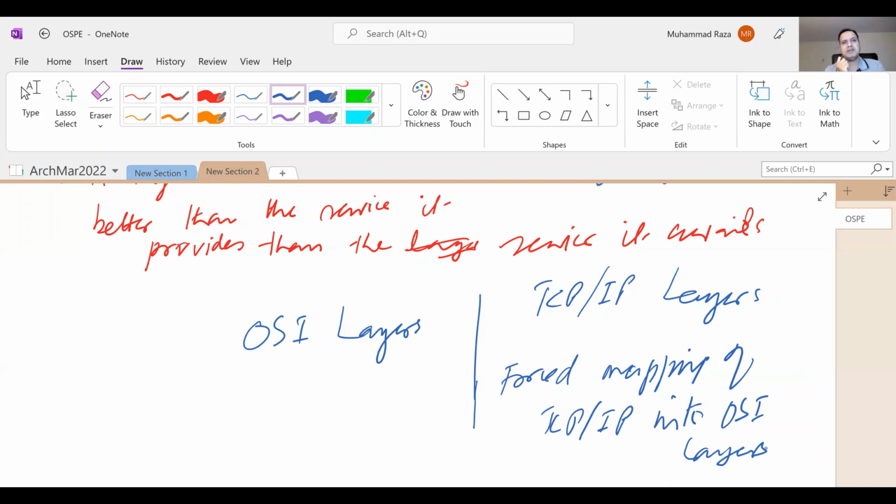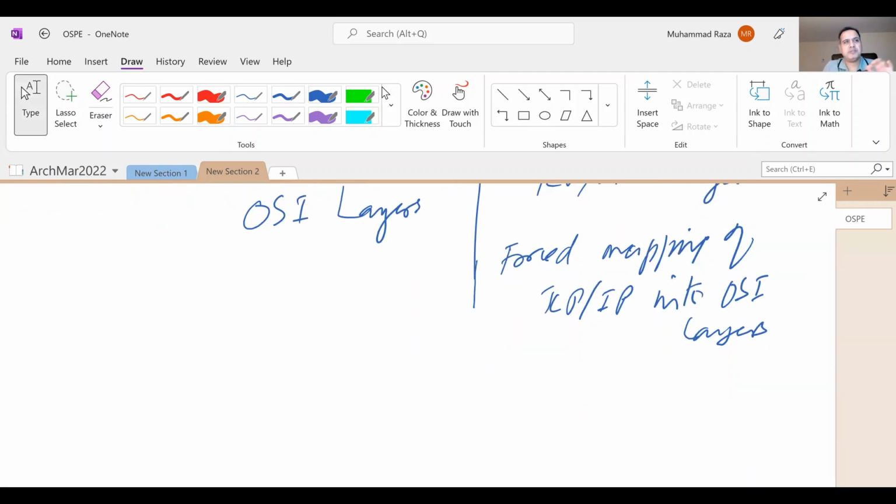If someone asks me, I should ask a counter question: sir, are you asking me to comment as per TCP/IP or as per OSI? Because my answer might be different. Okay, so that's another concept we should keep in mind.